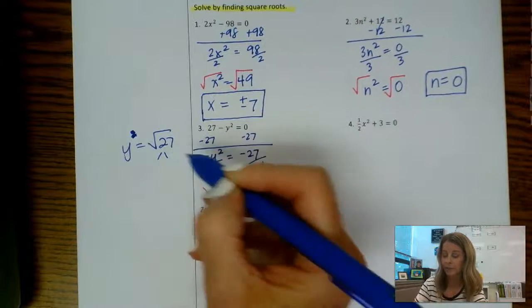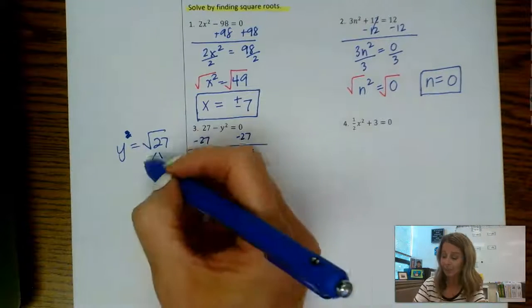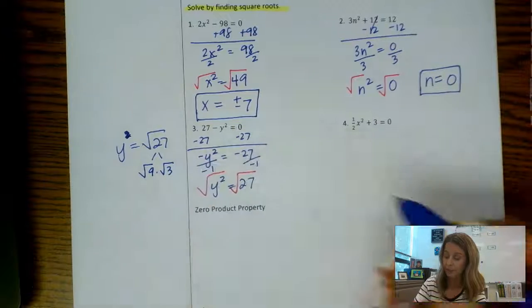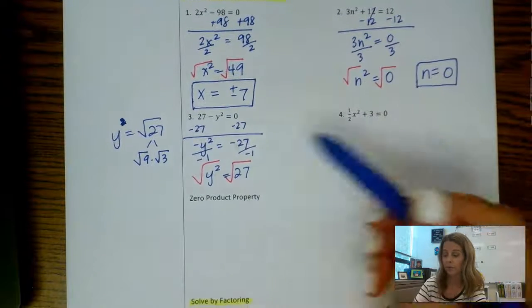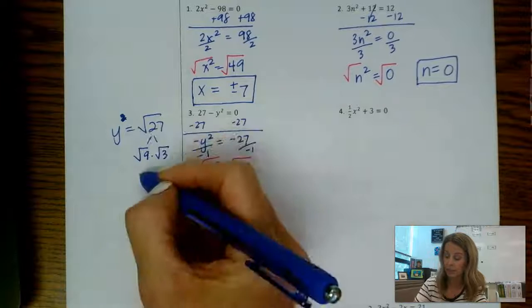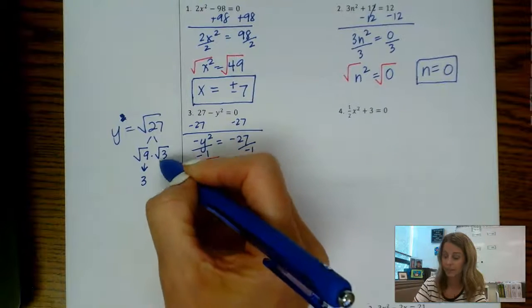So 27 breaks down into 1 times 27, 3 times 9. I want to go with 3 times 9 because the 9 is the perfect square. So I'm going to simplify square root of 27 into square root of 9, square root of 3. And then the square root of 9 is 3. So I can take the square root of 9 and write that as 3.